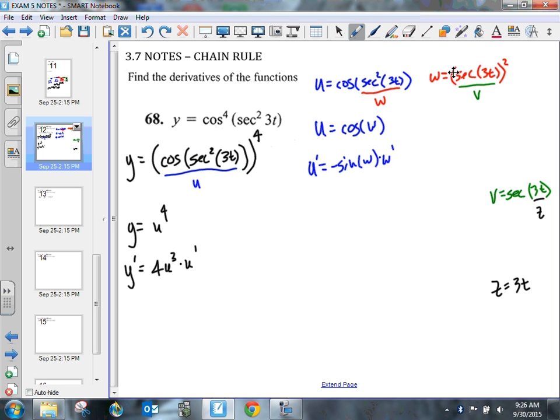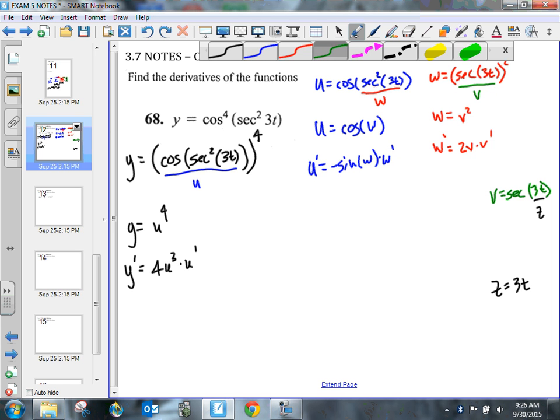Now I need to figure out what W prime is. Well, I rewrite this one as W is equal to V squared. So W prime is equal to 2V times V prime.